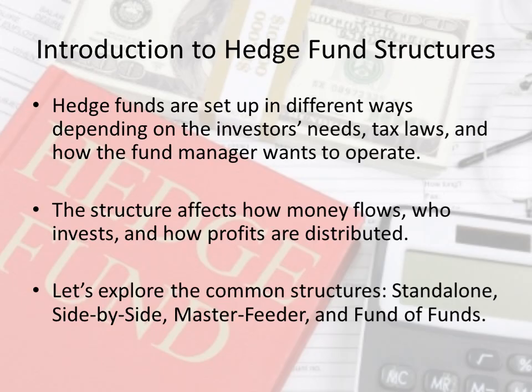And one question will arise in your mind: why is this important? Because the structure determines how the fund operates, how money flows, and even how much tax investors have to pay.